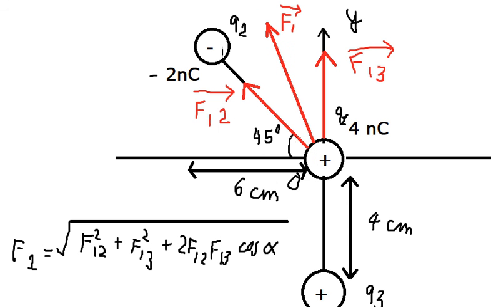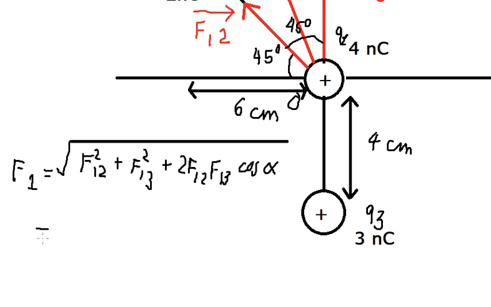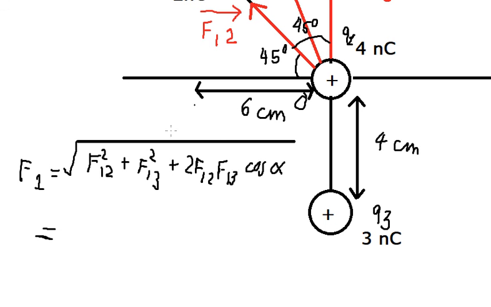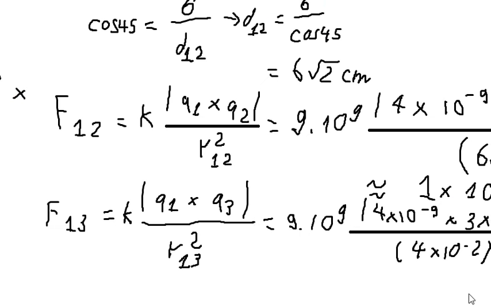So the alpha in this situation is 45 because this is a right triangle. You got 45 in here, so the angle in here should be 45. Now we just input all the numbers in here and we got the final answer. The answer is 7.49 10 to the power of negative 5 Newton. So this is the final answer for the question A.